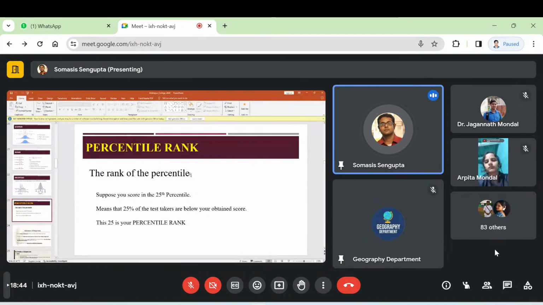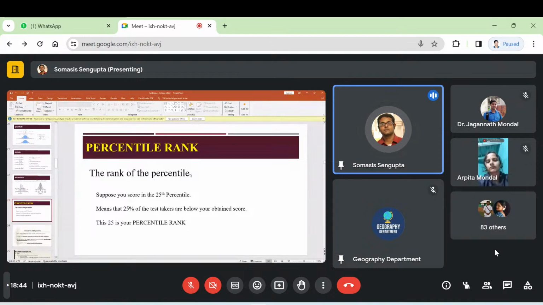Suppose many of us have seen the CAT, many of us have also given the CAT test for getting admission into MBA. Now, in CAT, your result is given as percentile. Suppose I get 89 percentile. So what does it mean?